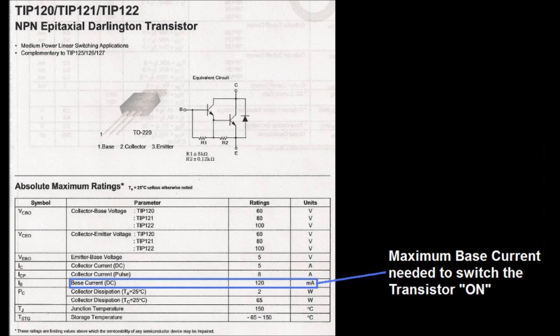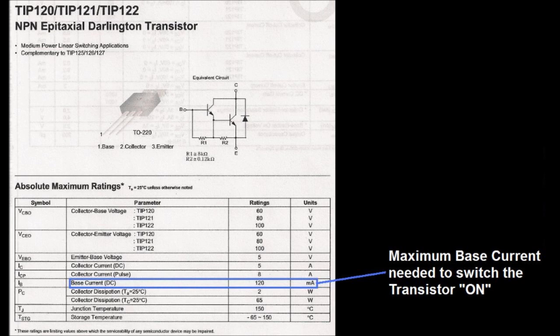And this one here shows that it only requires 120 milliamps. That's very tiny if you compare this to 5 amps. 5 amps is the same thing as 5,000 milliamps. So you can see the huge difference between 120 milliamps and 5,000.